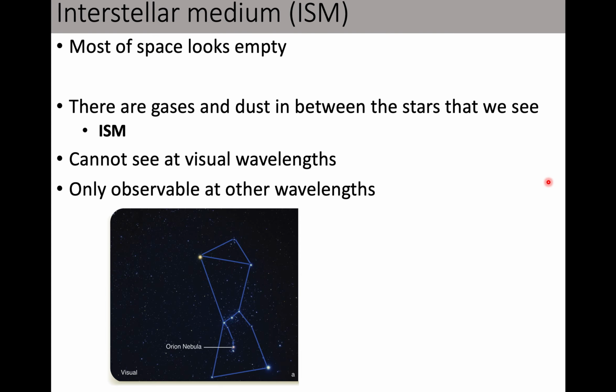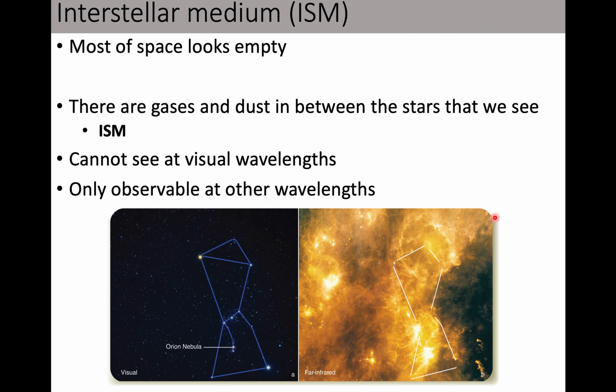So that's why space looks mostly empty. This ISM is actually only observable at other wavelengths. In the visual, we can't see it at all. Here is a picture of the sky with the asterism of Orion outlined. This would be what it would look like in the visual.